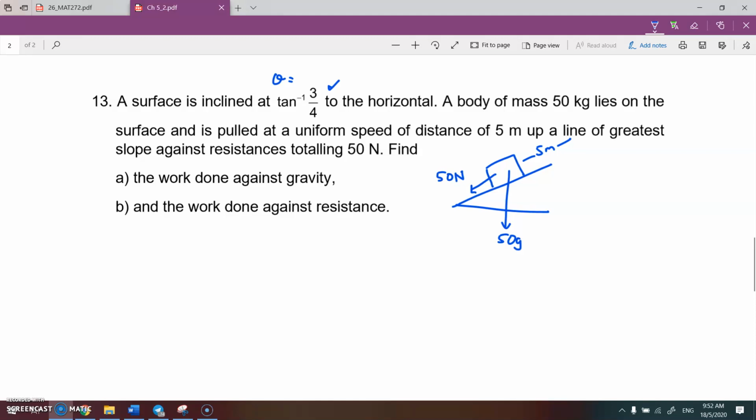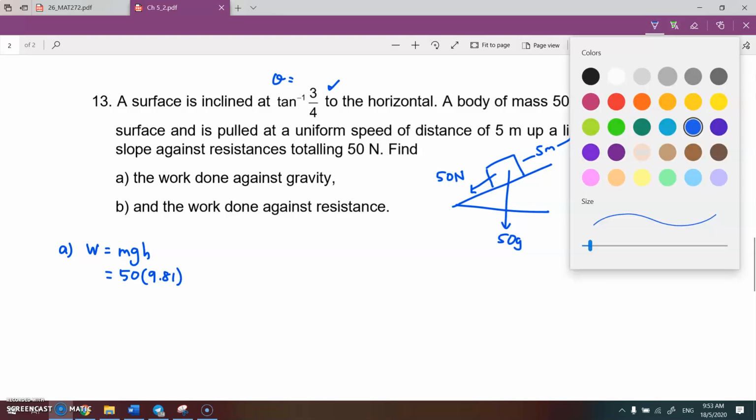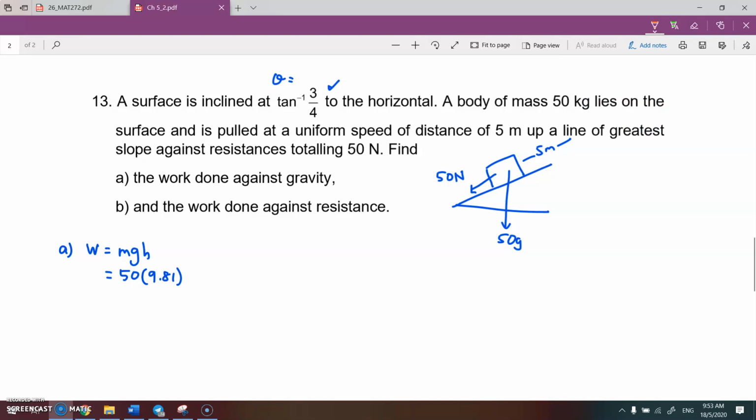Find the work against gravity and the work against resistance. Against gravity, we have mgh, so it is 50 times 9.81. Where is the height? If the object moves up to here, the height is here, and your theta is here.